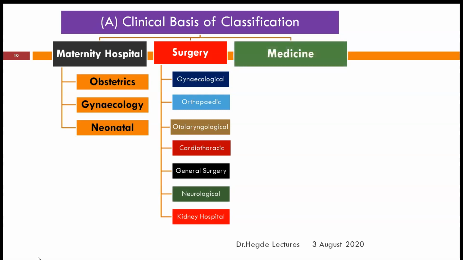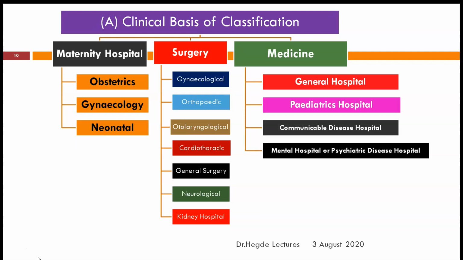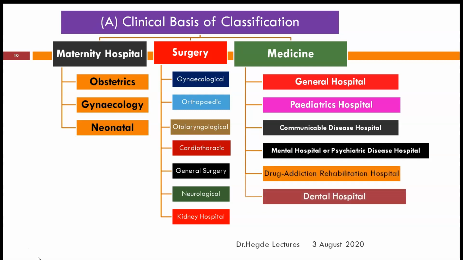And in medicine, we can see general hospital, pediatric hospital, communicable disease hospital, mental or psychiatric disease hospital, drug addiction rehabilitation hospital. Lastly, dental hospital. So the cancer hospital is one of the hospitals which comes under the medicine department. And if it is onco surgery, again it comes under the surgery hospital.